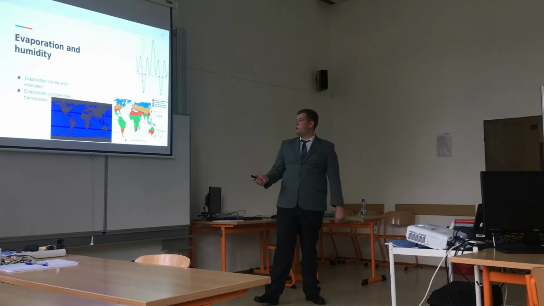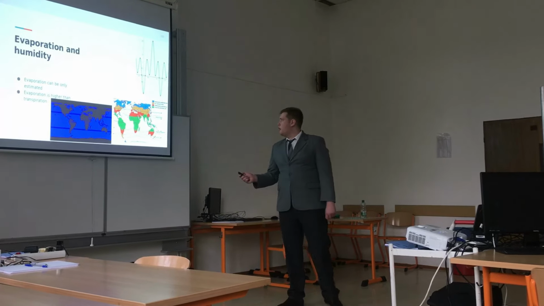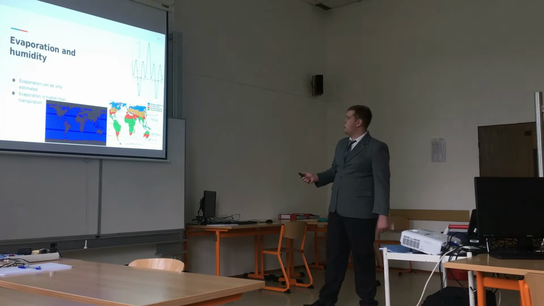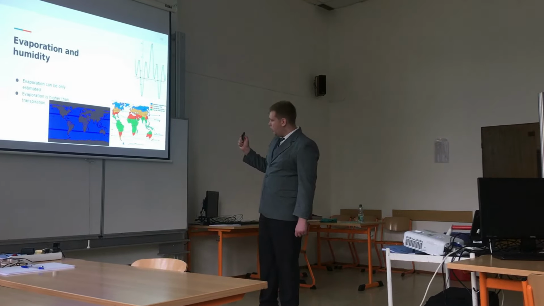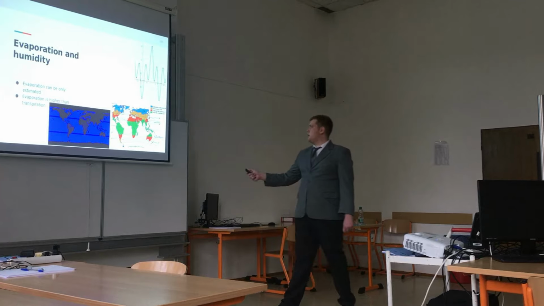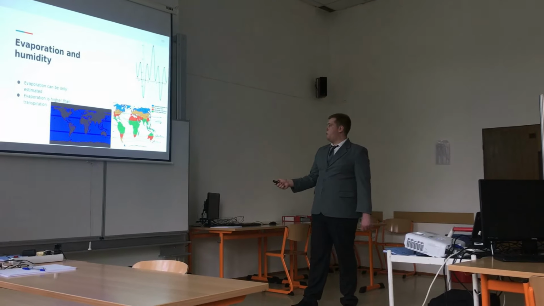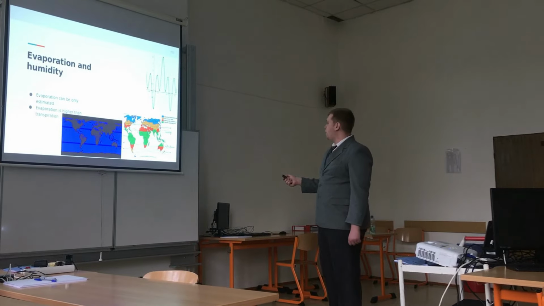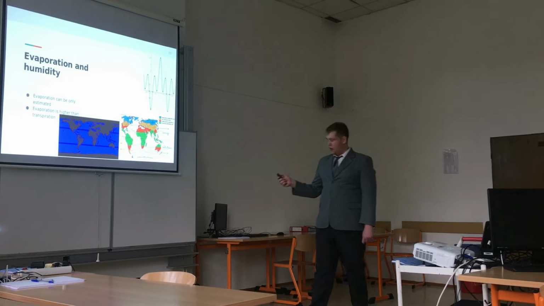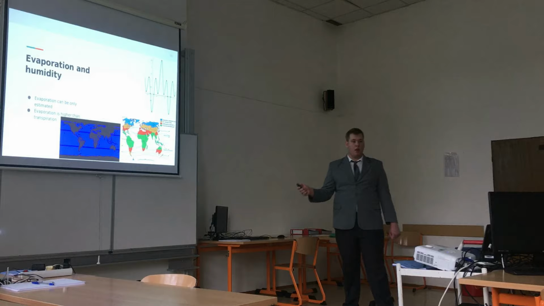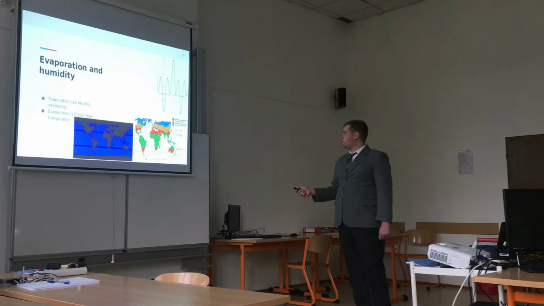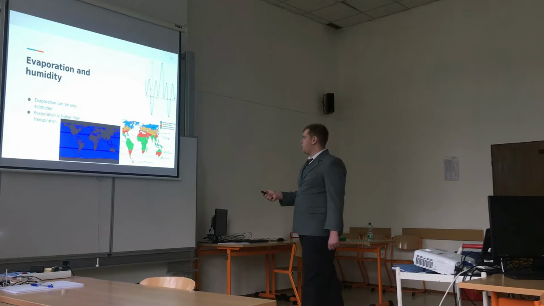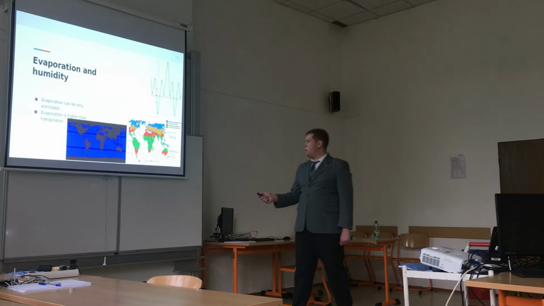This means there's almost nothing, and it increases with distance. So, as you can see on this map right here, there are poles which have a subpolar climate belt, and after that there is a mild climate belt, subtropic climate belt, and tropic climate belt.